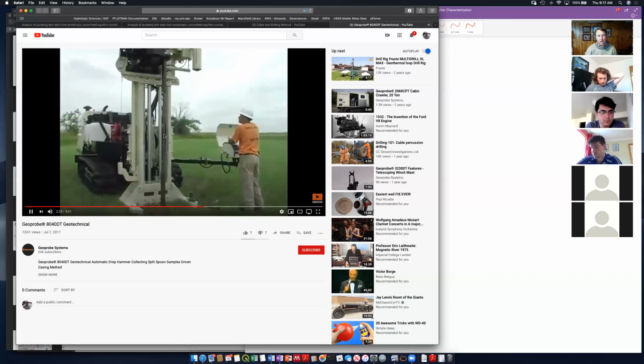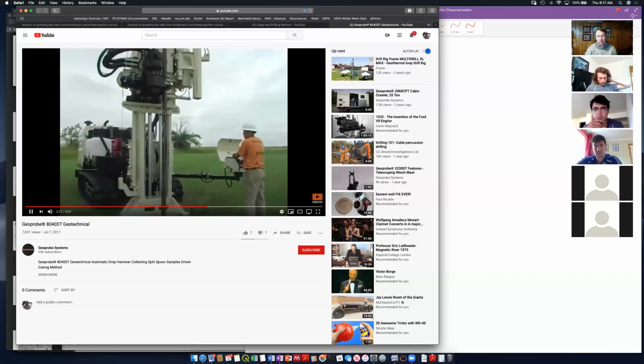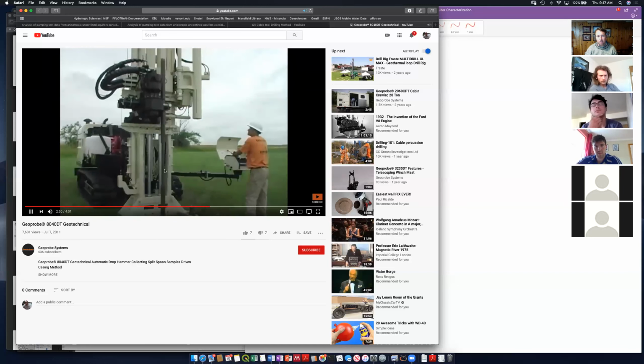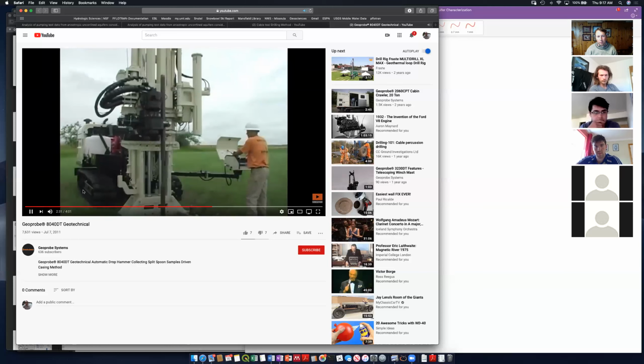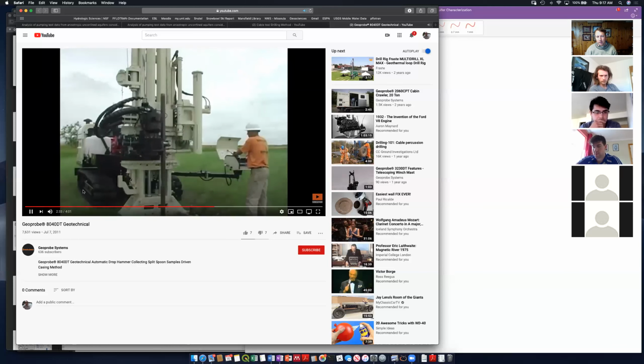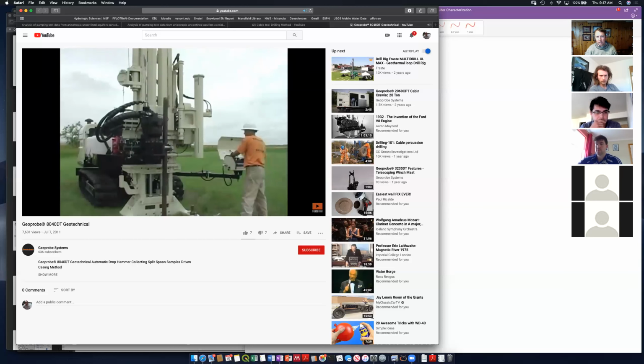So this is a lot of drilling, is taking a section of drill stem, you put the new section on, you drill down, then you load another section of drill stem.